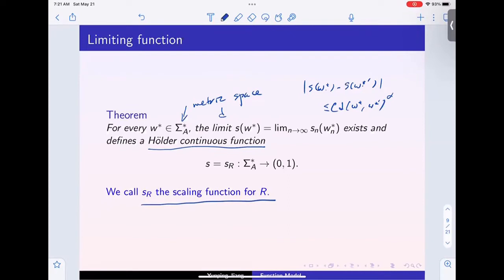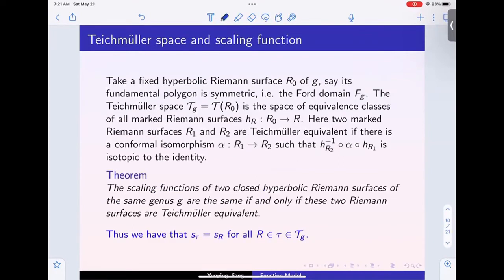Okay. So now what is the relation between this scaling function and the Teichmüller space? First, if you take a fixed hyperbolic Riemann surface, usually we take the standard one, whose fundamental polygon is symmetric, which is called a full domain, a very regular one. And then Teichmüller space is really the marked Riemann surfaces up to homotopy to identity for conformal equivalence, right?